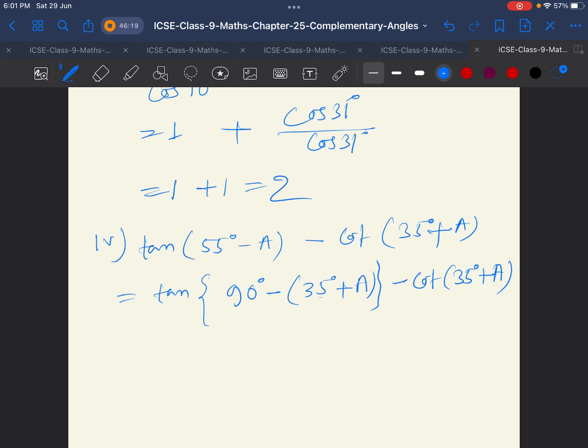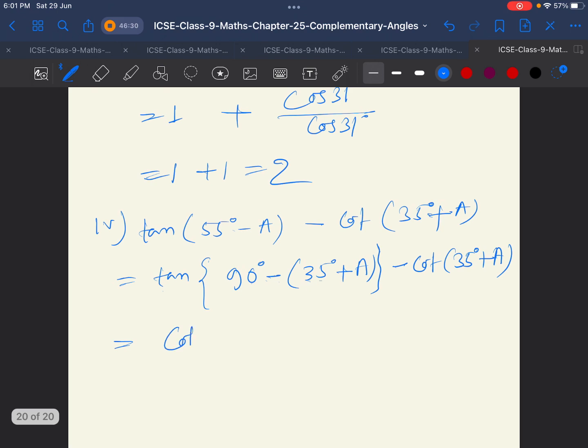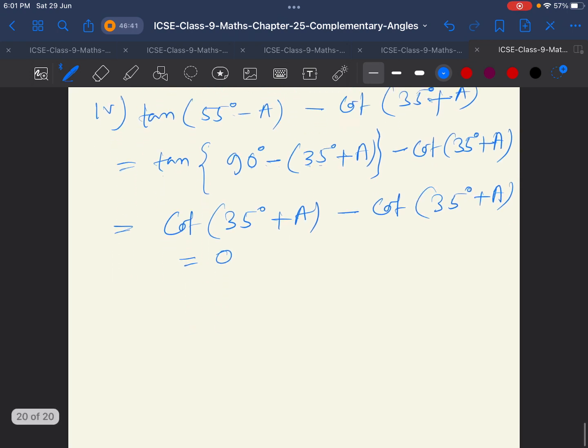So tan (90 minus 35 plus a) is 55 minus a, since 90 minus 35 is 55, and minus plus is minus a. Okay, so we can write this term cot of (35 degree plus a) minus cot of (35 degree plus a). So this is 0.